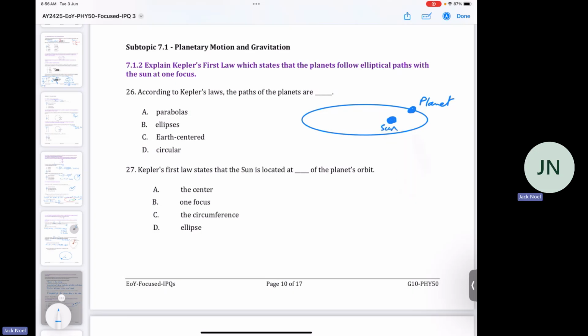So that's the sun actually. According to Kepler's first law, the sun is located at one of the focuses of the planet's orbit.